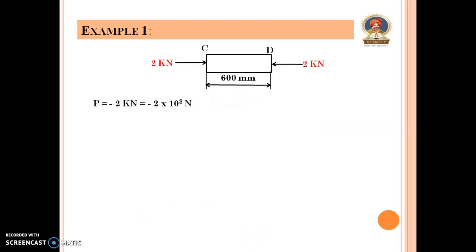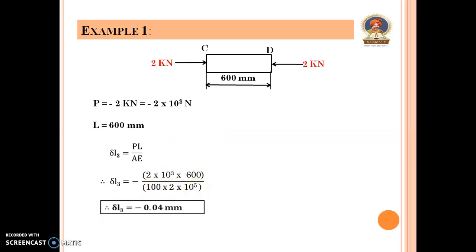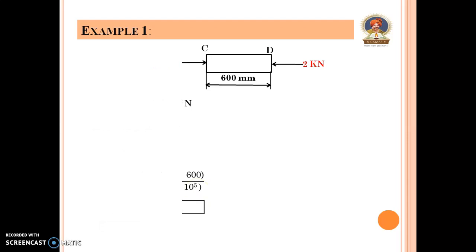P is equal to minus 2 kilonewton, that is minus 2 into 10 raised to 3 Newton. L is equal to 600 mm. Delta L3 is equal to PL upon AE. Put the value of P minus 2 into 10 raised to 3, L into 600 upon 100 into 2 into 10 raised to 5. So delta L3 is minus 0.06 mm.